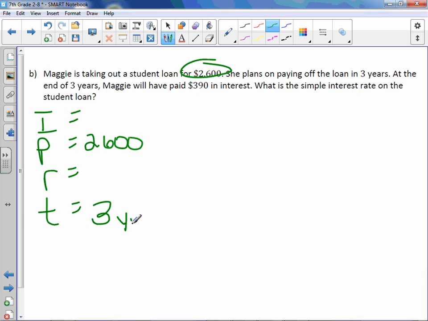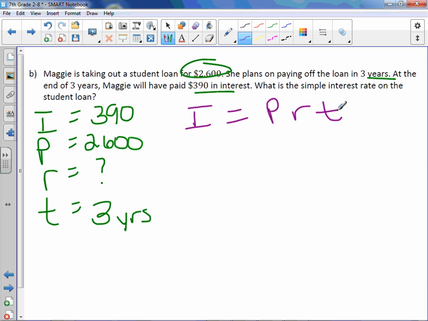Time is 3 years. And $390 is the interest. We are solving for rate. I equals PRT. We have I, it's 390, equals principal is 2,600. R we don't know. And time is 3.